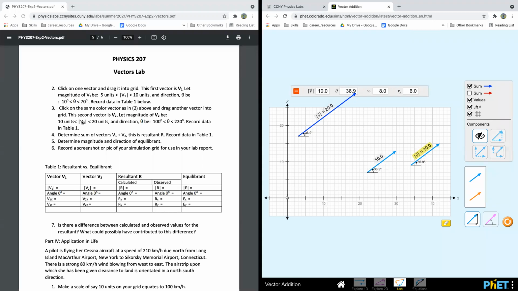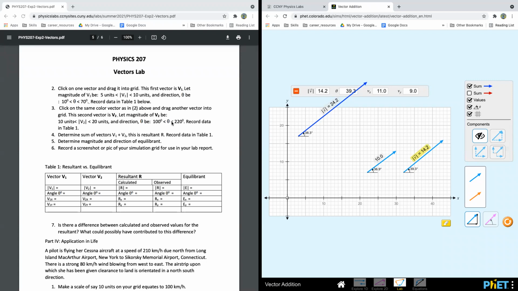Another one, vector 2, has to be 10 to 20, so a little bit longer. You drag the head, then you just extend the magnitude of the vector, just make the vector bigger.